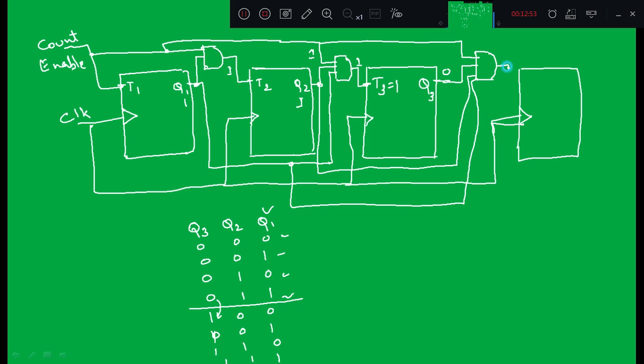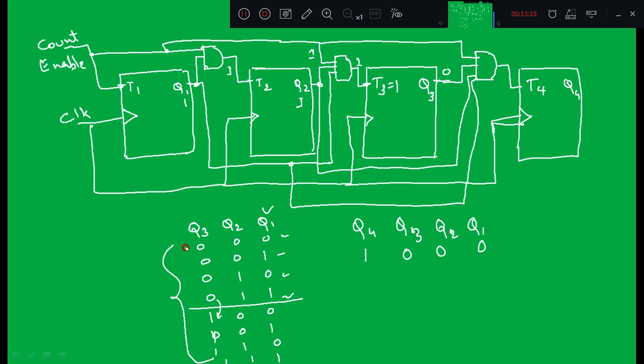T4 will become 1 after 8 clock pulses. After 7, we will get 8, that is 1 0 0 0, and Q4 will toggle only after 8 clock pulses.